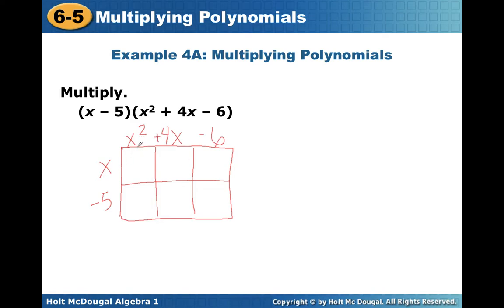And then right now, all you're going to do is multiply into the box what's above and to the side of it. So in this case, we get x cubed. x squared times x gets me x cubed. 4x times x would get me 4x squared. And you would just continue out this pattern.